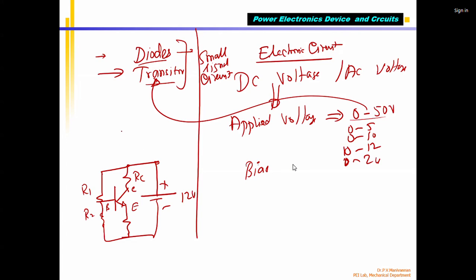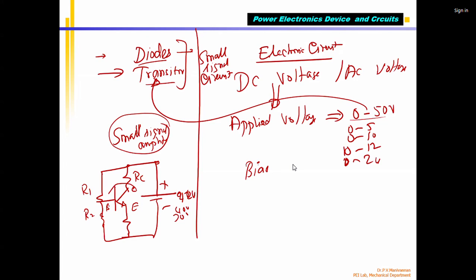This circuit is called a small signal amplifier. This voltage is 12 volts. Instead of that, I can put 20 volts, or 40 volts, or 30 volts. As long as the voltage is less than 50 volts, or 30 volts, or 20 volts, it is called a small signal amplifier.